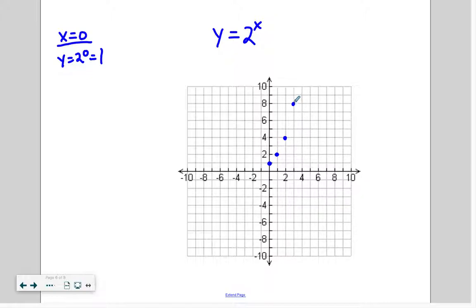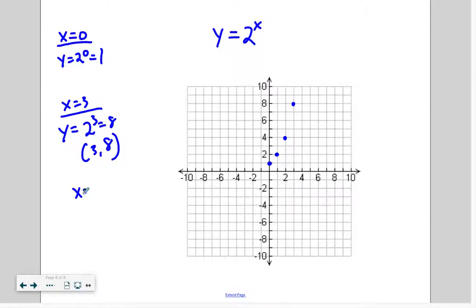That is not a parabolic growth. It may look like it, okay? So x equals 3 gives y equals 2 to the third, which is 8, so that gives us the point (3, 8). Woot!